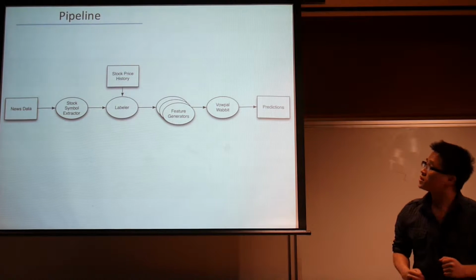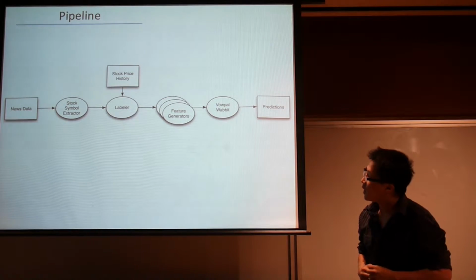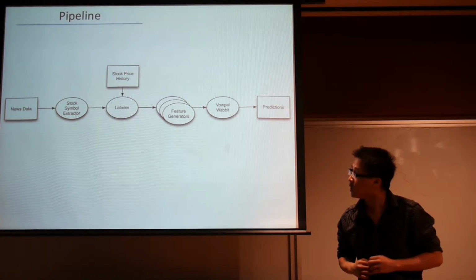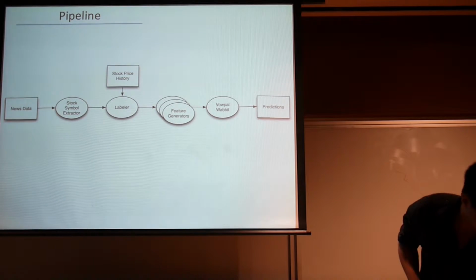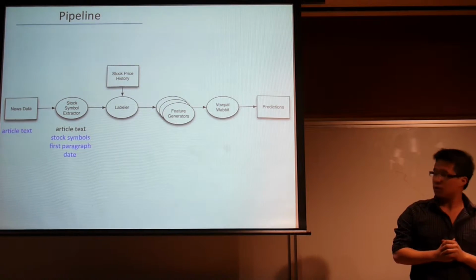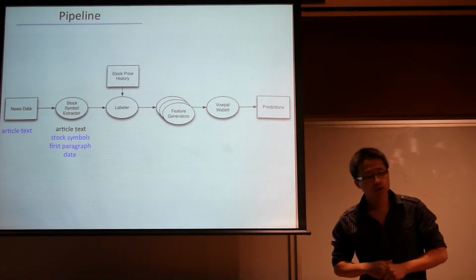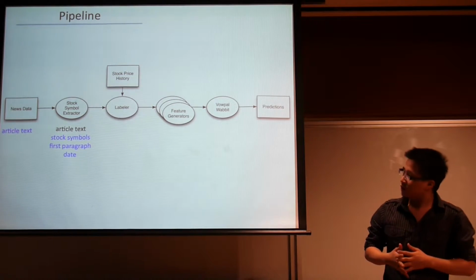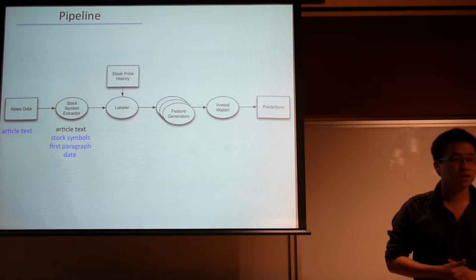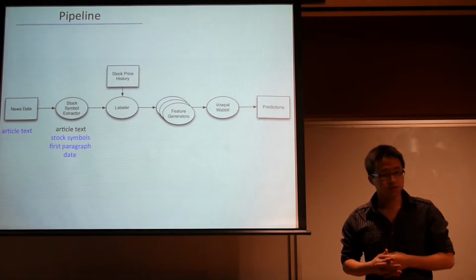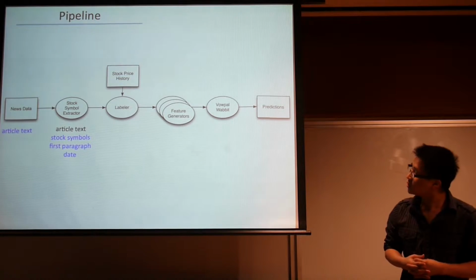So this is the pipeline that we followed, right? So we first aggregated news data using a crawler that we wrote to gather Reuters data. And then we also wrote a stock symbol extractor to extract the stock symbols that are mentioned in each of the news articles, and that's basically just a series of regular expressions to identify common formats of stock symbols.